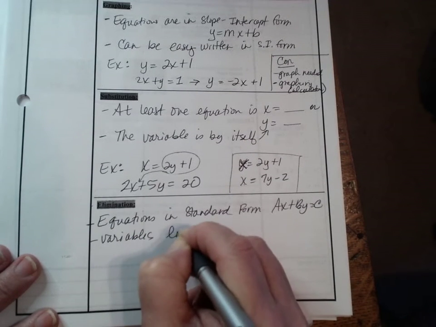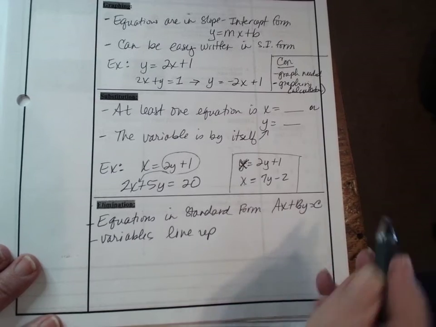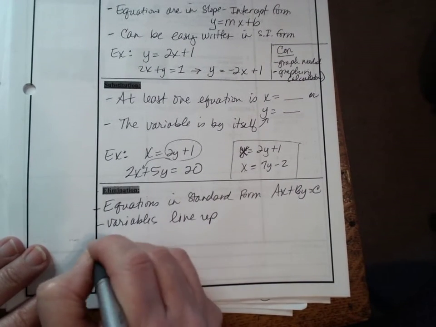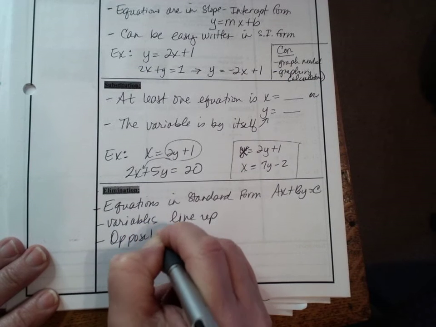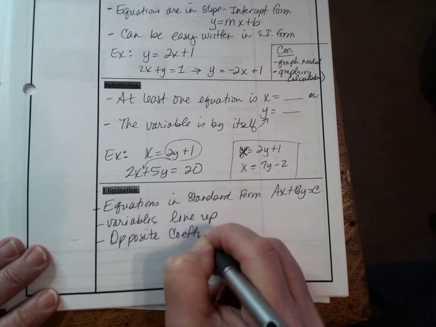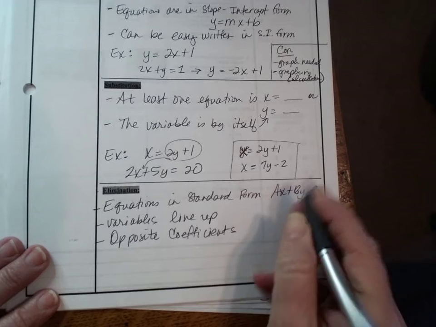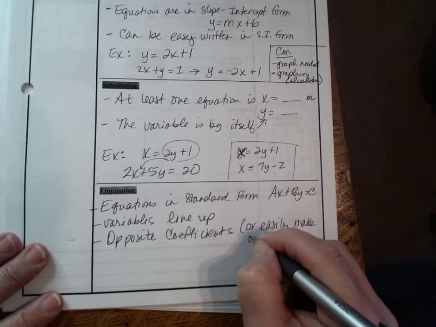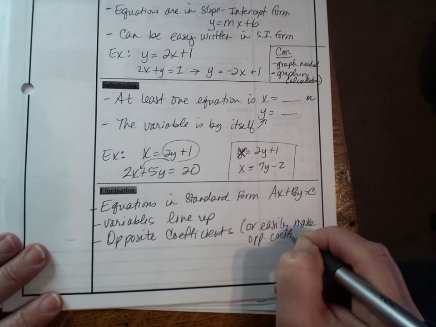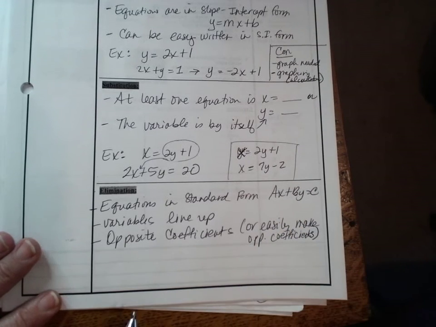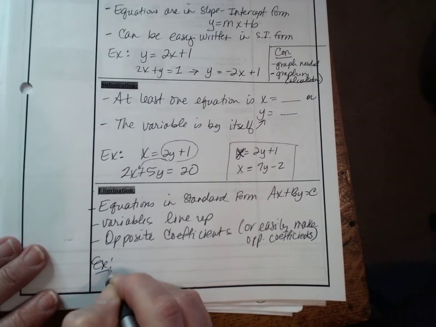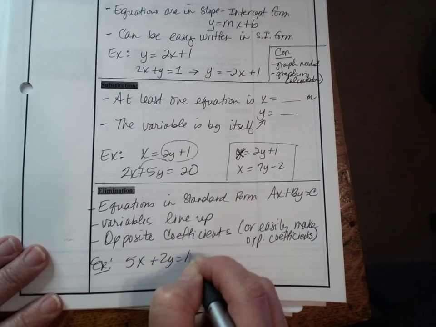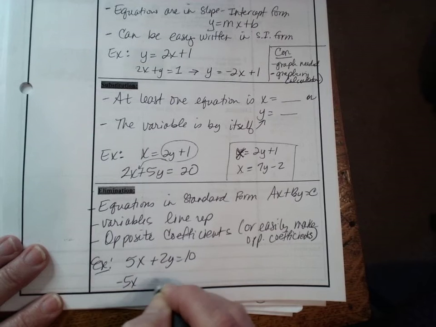And we look for opposite coefficients, or you can easily make them opposite. For example, like 5x plus 10 and negative 5x plus, I don't know, equals 20.